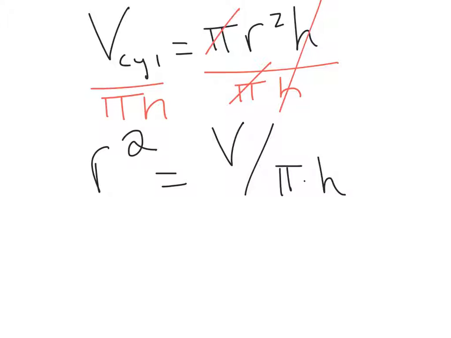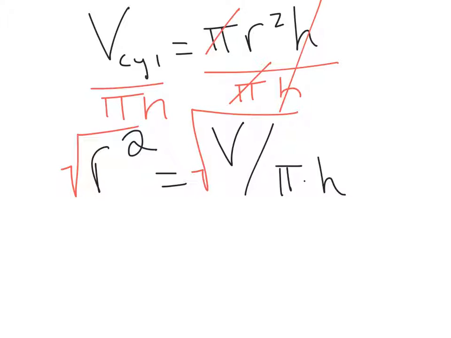Now, we're almost to a point where our radius, r, is by itself. But you'll notice I have this tricky exponent up here, r squared. The way that I'm going to get rid of that is by taking the square root on both sides of my equation. So it will look like this. Take the square root on the left side and the square root on the right side.